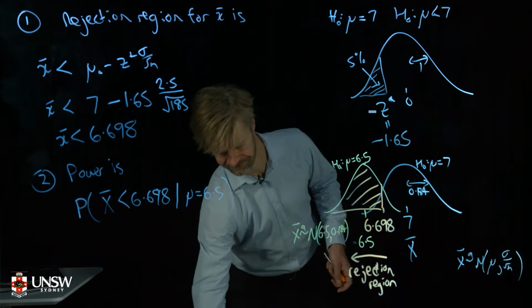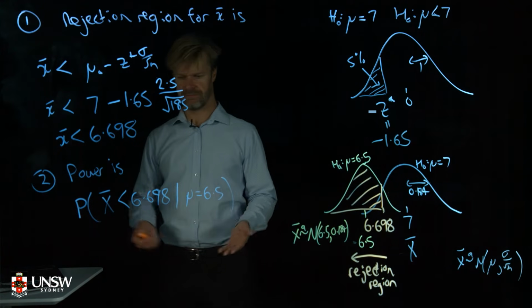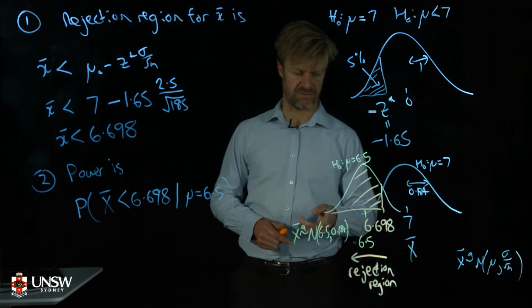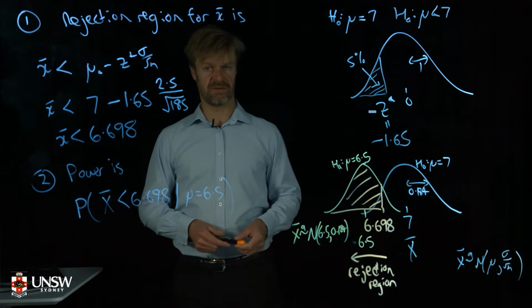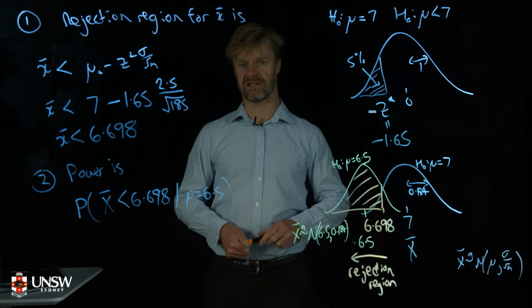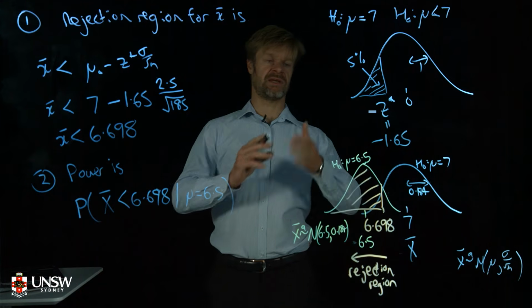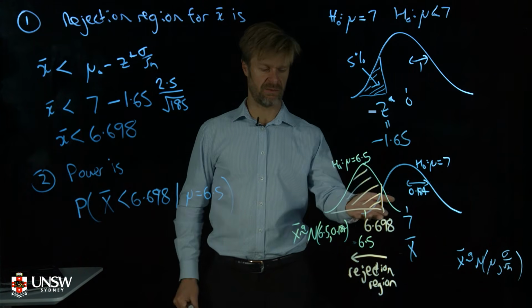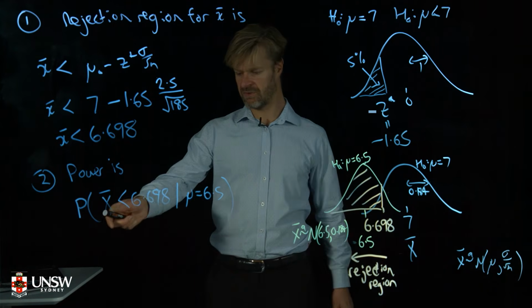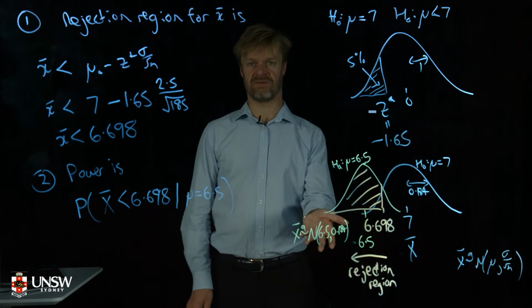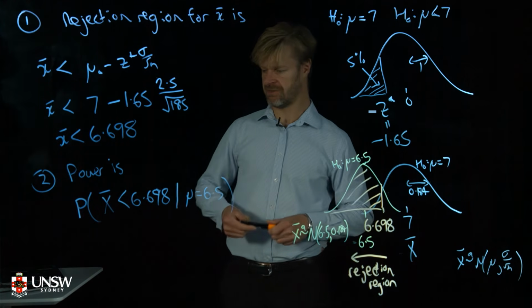So this is actually a straightforward normal distribution calculation once you're at this point. We talked back in week 3 about how to calculate normal probabilities. What's the chance that x is less than this for a normal distribution with this mean and this standard deviation? That's what we've got here. What's the chance that x bar is less than 6.6984 when x bar has this distribution? It's not hard to do, really, is it?